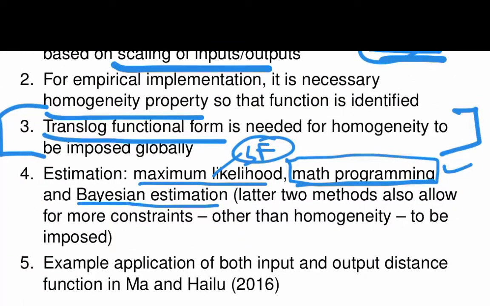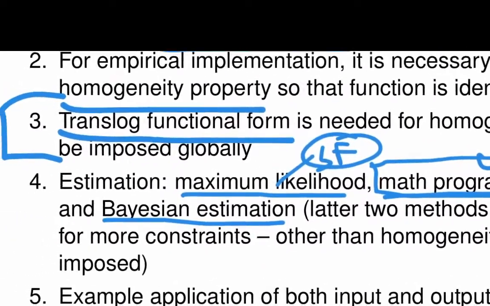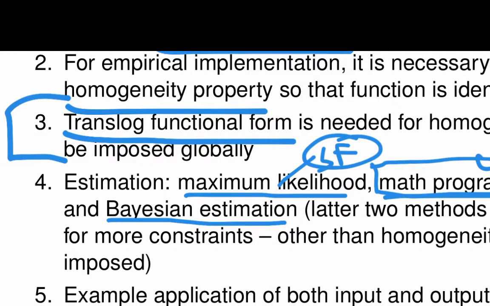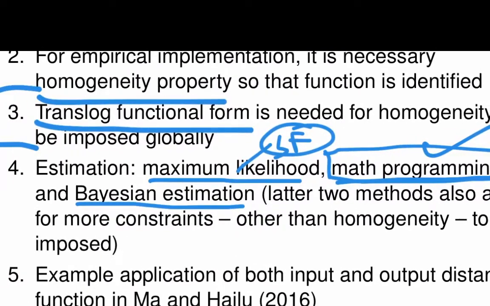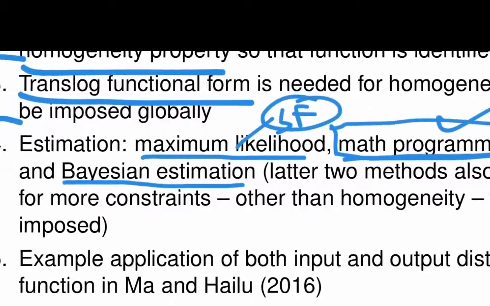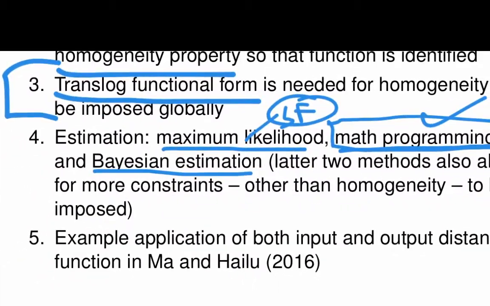Obviously, in terms of ease of estimation, mathematical programming is easier. The next one in terms of difficulty is maximum likelihood, but it's possible to transform distance functions so that they look like stochastic production frontiers, and this transformation is done by using the linear homogeneity properties. Bayesian estimation is a bit more work, but it's also more useful in terms of the options it provides.